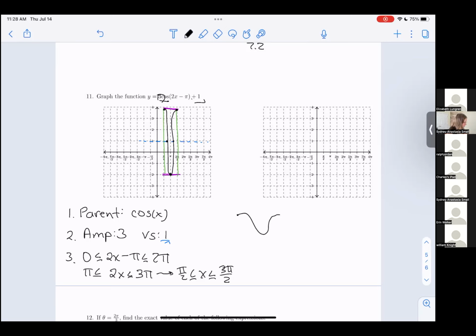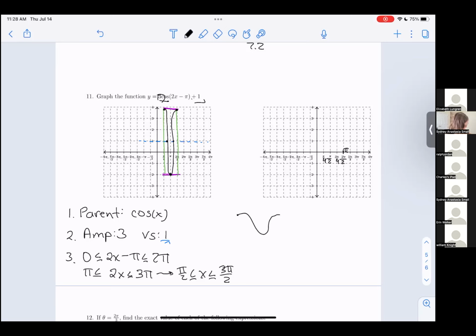And actually, hold on, can I fix the scale? Yeah, I'm just going to divide the scale by 2 over here. So this right here is actually pi instead of being 2 pi. So I can spread it out a little bit.